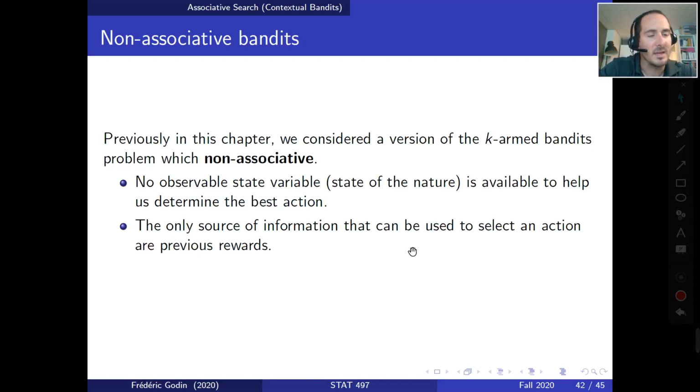Okay, state 1, state 2, state 3, for example. Okay, let's put that aside. I'll describe that in the next slide. But so the regular K-arm bandit problem we studied is called a non-associative context.